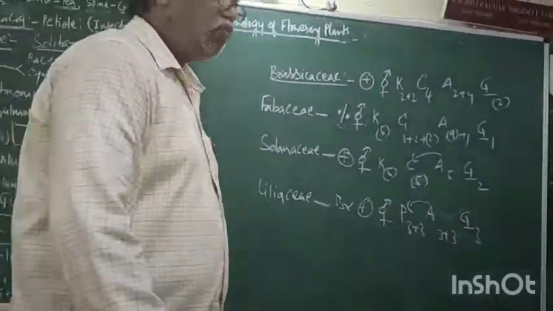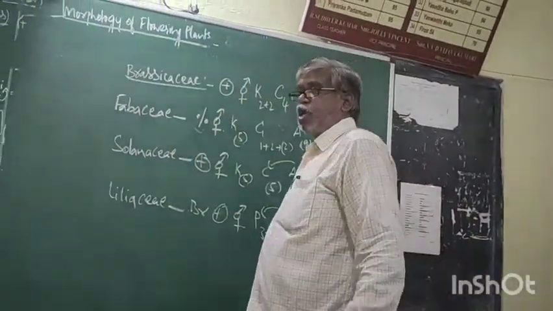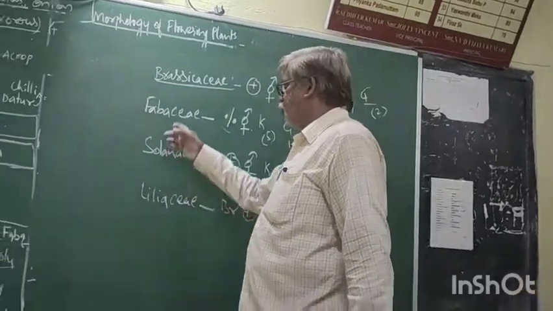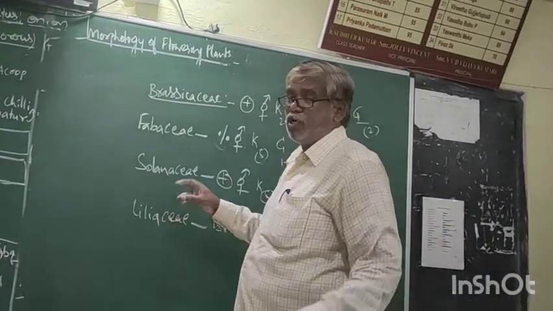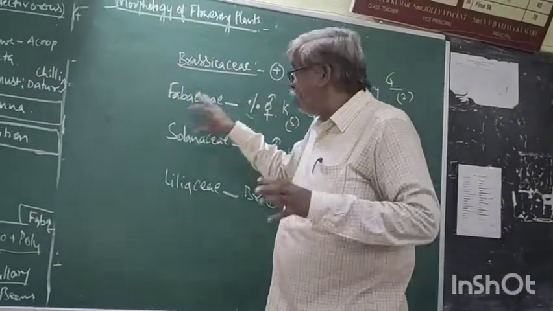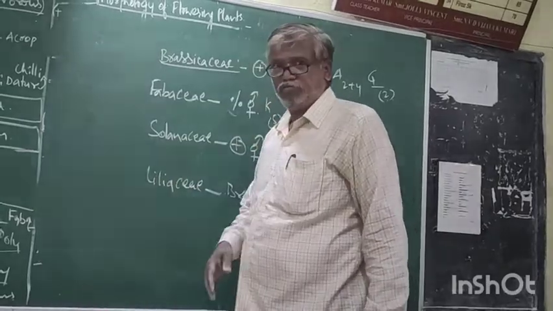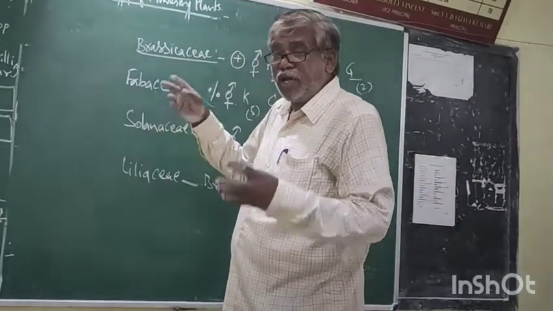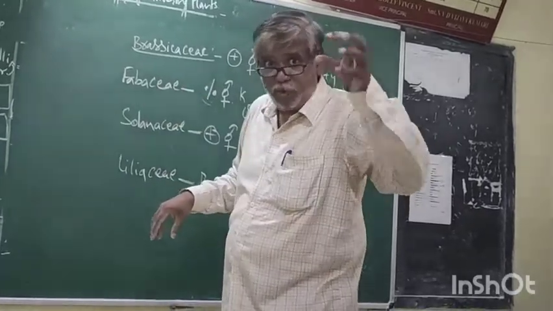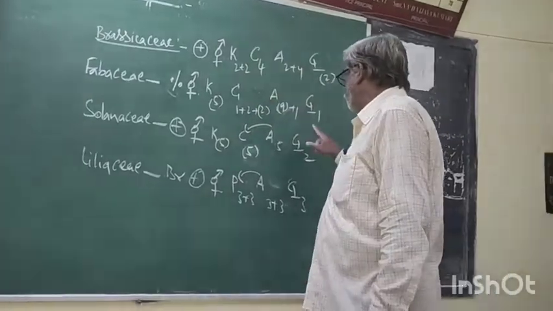Now, come to the floral formula. According to the syllabus, we have 3 families: Fabaceae, Solanaceae, Liliaceae. You must keep these 3 names in your mind in the same order, because when you memorize these 3 names in this order, it will be beneficial.